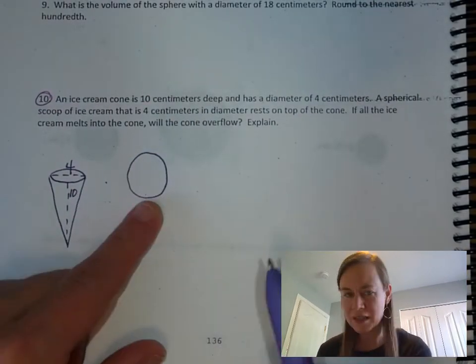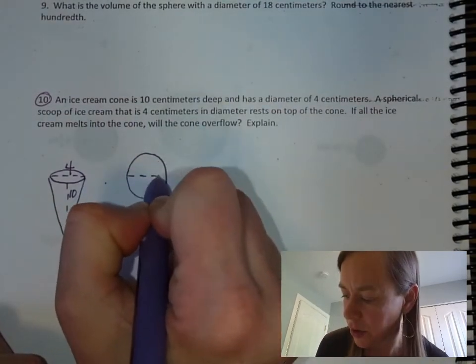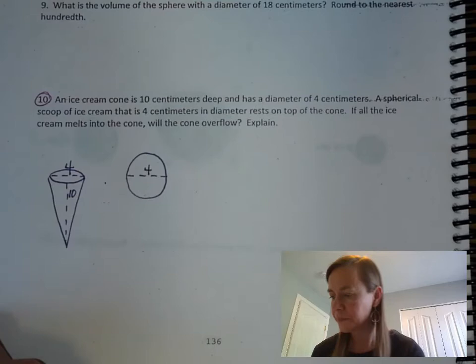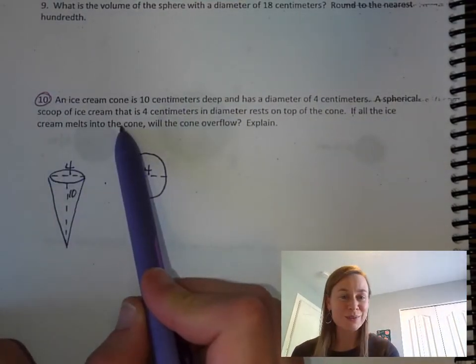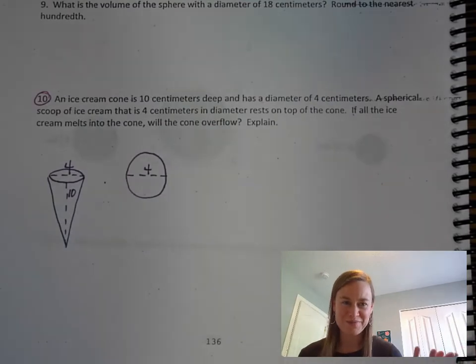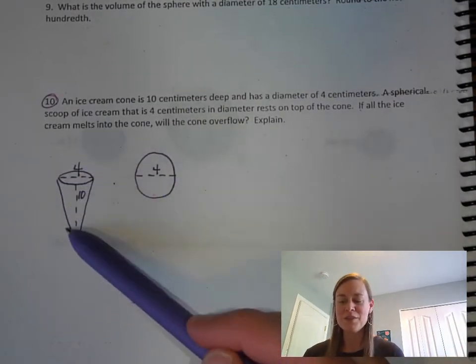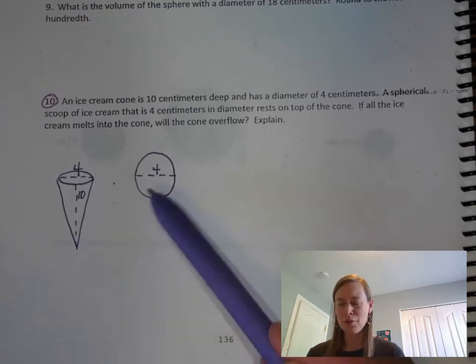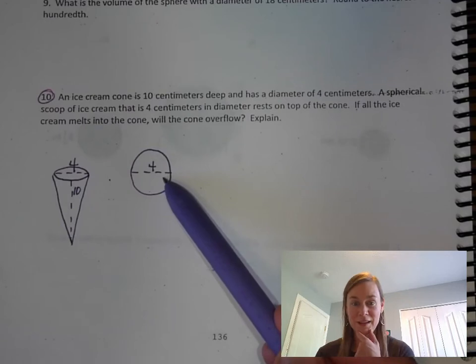Okay, so there's my sphere, and it says that it's 4 centimeters in diameter. So all the way across is going to be a 4. If all the ice cream melts into the cone, will the cone overflow? So we need to figure out the volume of the cone. Is the volume of the cone big enough to hold the volume that's in this sphere of ice cream? I don't know. Let's figure it out.